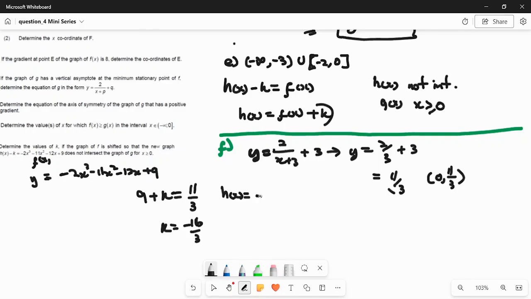Let me write everything in full, just for completion. Cubed, then minus 11x squared minus 12x plus 9, then plus, I'm substituting my value of k here, that's minus 16 divided by 3.